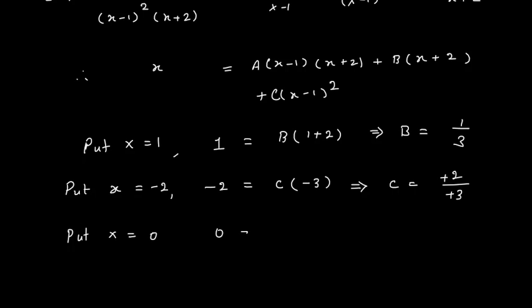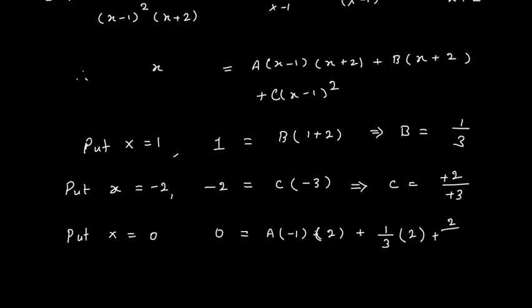So my left hand side will become 0, right hand side is a into, now x I have put 0, so 0 minus 1 is minus 1, into 0 plus 2 is 2. Now plus the value of b is 1 divided by 3. Here 0 plus 2 is 2, plus c. The value of c is 2 divided by 3. So I will write 2 divided by 3 into this is 3.